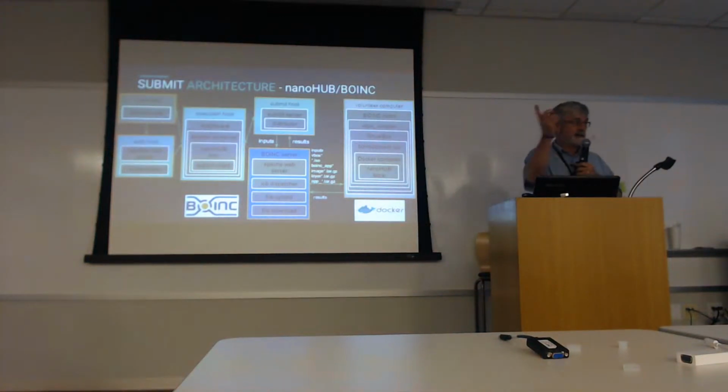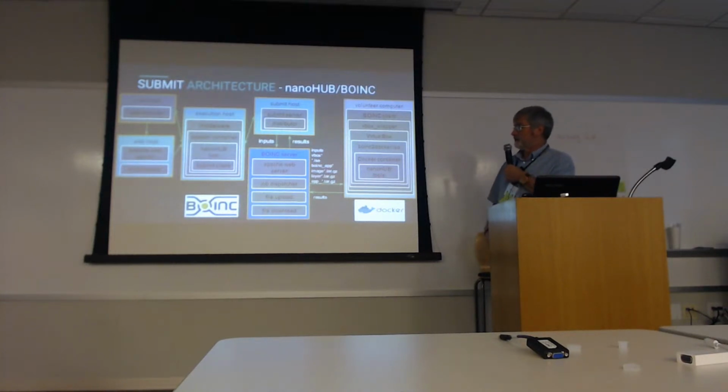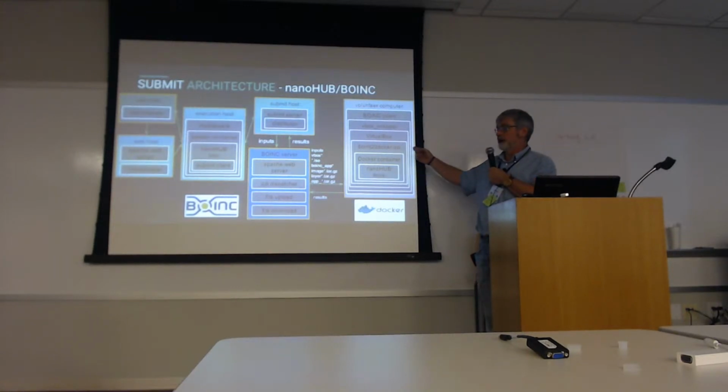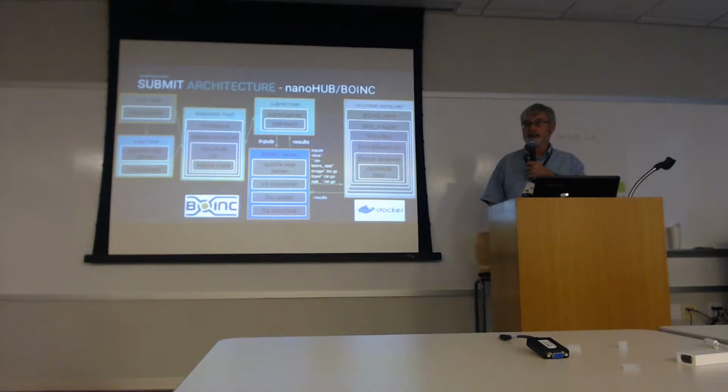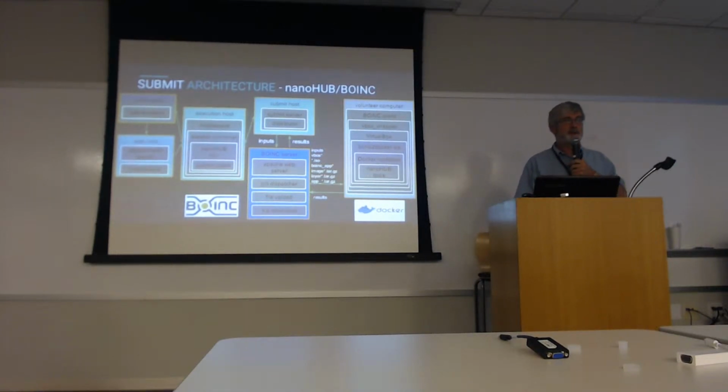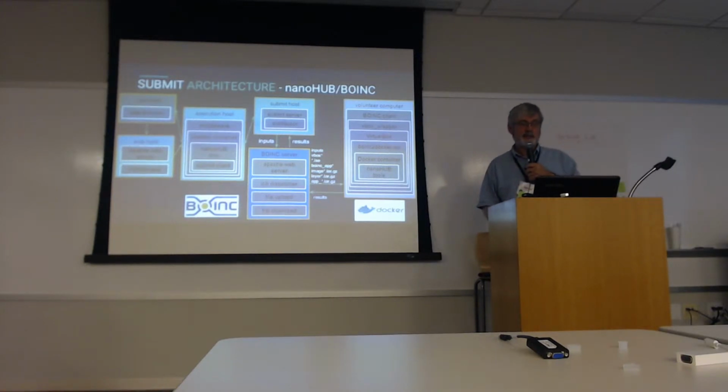It was mentioned earlier that everybody in the room probably knows how this works, but this is how it works for NanoHub, how BOINC is connected. What I will mention about how we use BOINC is we're using BOINC to Docker with a Docker image inside. This allows us to use the same workload to send it to PCs, Apples, Macs, Linux machines across the board, and realistically it's less work for us.